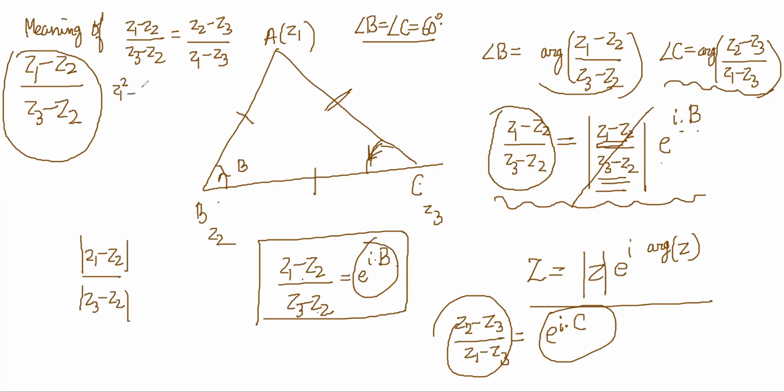Z1 square minus Z1 Z2 minus Z3 Z1 minus Z2 Z3 is equal to, this is just negative and negative square, perfect square, right? So minus Z2 square plus Z3 square minus 2Z2 Z3, so that is equal to minus Z2 square minus Z3 square plus 2Z2 Z3.